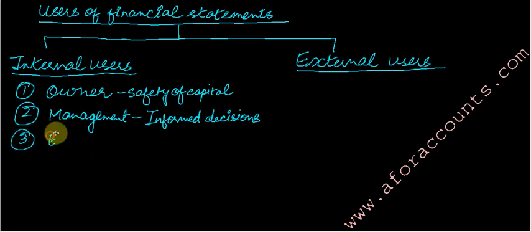Now the third, the employees or workers. In larger organizations, we have provident fund, employee state insurance, etc. So, as an employee, they would like to know what is the profit of the organization they are working in, and what is the financial position of that organization.